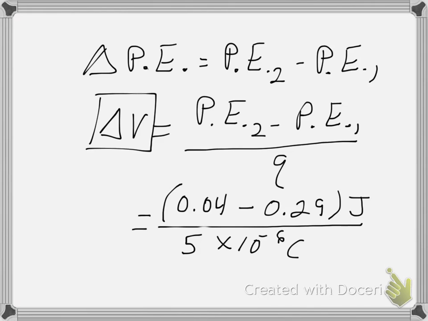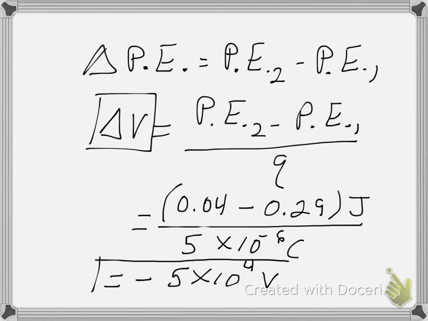When you carry out that calculation, we get a change in voltage of negative 5 times 10 to the 4th volts. So this collection of charge experienced a change in voltage of negative 5 times 10 to the 4th volts, and that's determined by the potential energy that it lost.